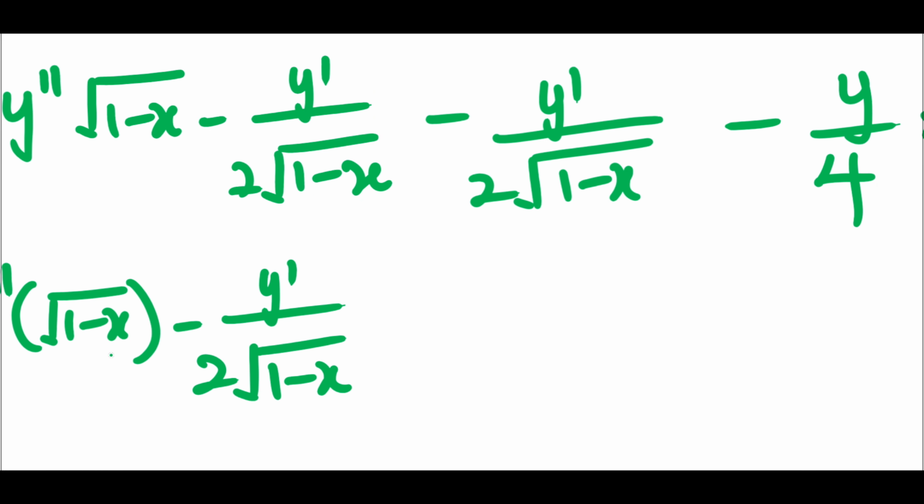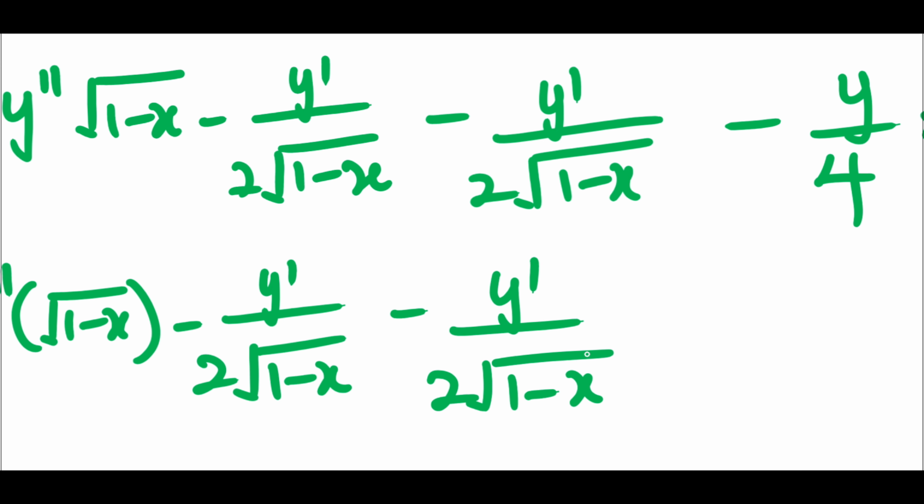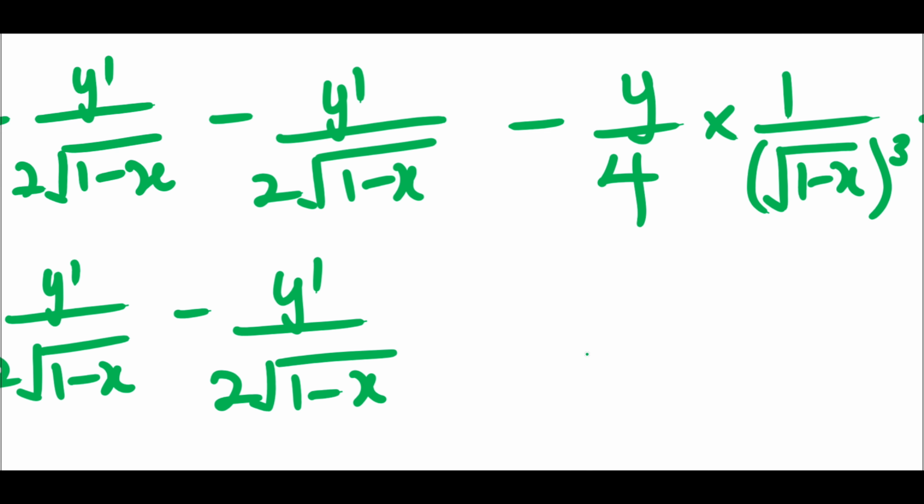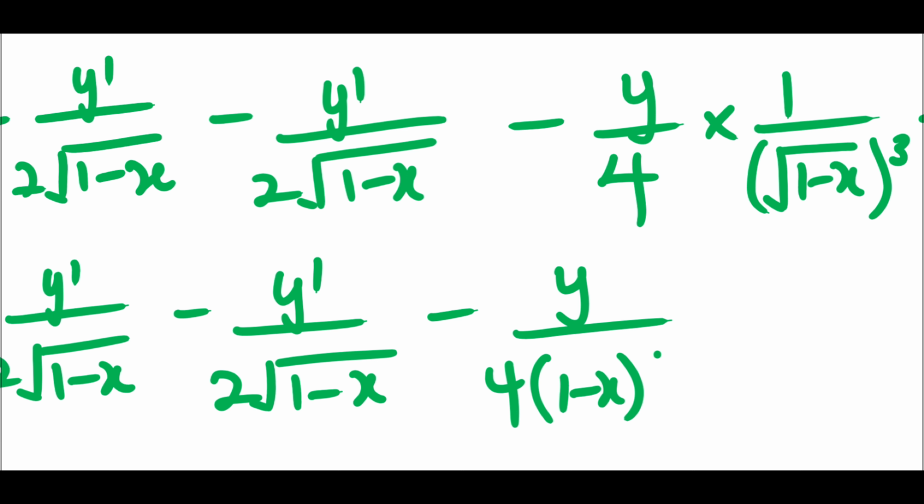Then yet we have minus y prime over 2 multiplying the square root of 1 minus x. Alright. So at this part we are going to get minus y over 4 multiply. Now this one becomes 1 minus x, then the square root of 1 minus x. All right, all equal to 0.